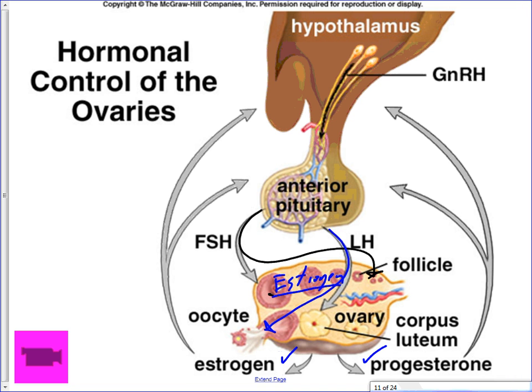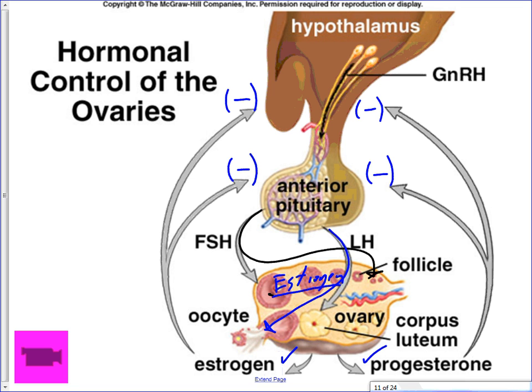Just like with the male reproductive system, there of course is negative feedback. So when that estrogen is produced, whether it is by the follicular cells or by the corpus luteum, we are going to have negative feedback upon the hypothalamus and the anterior pituitary. Same case with the progesterone.